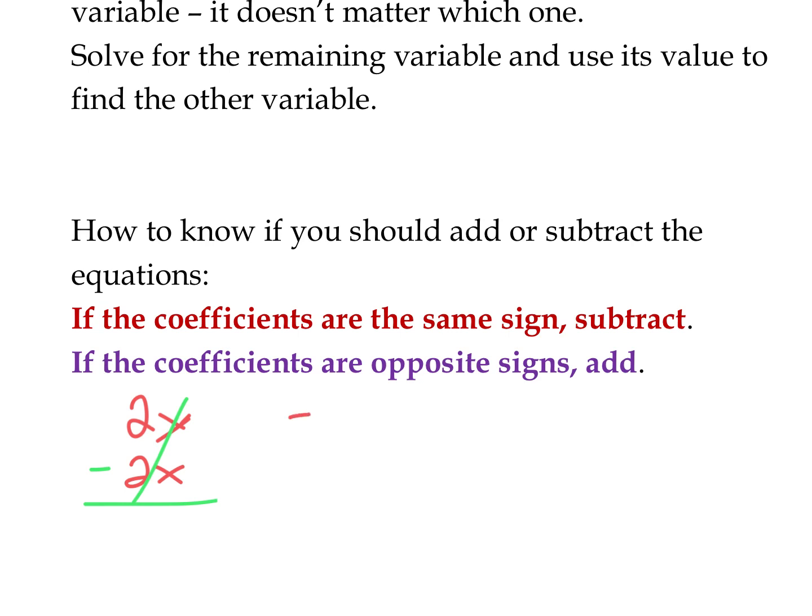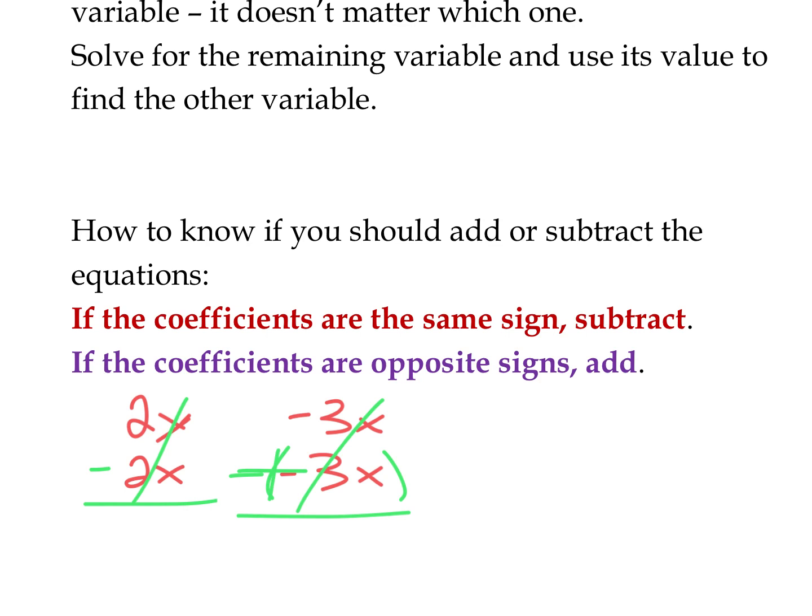So if I had negative 3x and negative 3x, both the same sign, both negative, I want to subtract to get this to cancel out. So when I subtract the 3x, if I'm subtracting a negative, that's like negative 3 plus 3, which would also cancel out.